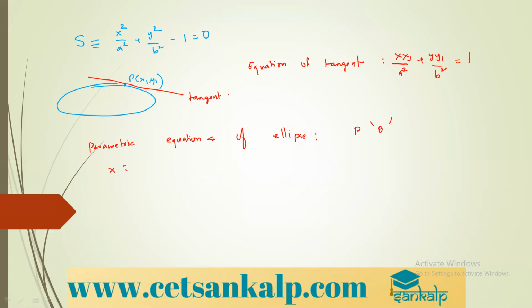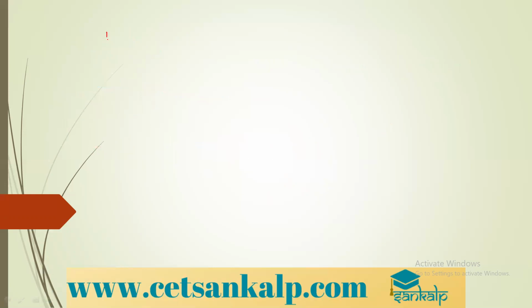So x will be equal to a cos theta, y will be equal to b sin theta. These represent the parametric equations. So any point theta can be written as (a cos theta, b sin theta). Suppose P is a point theta, then I will write P as (a cos theta, b sin theta).